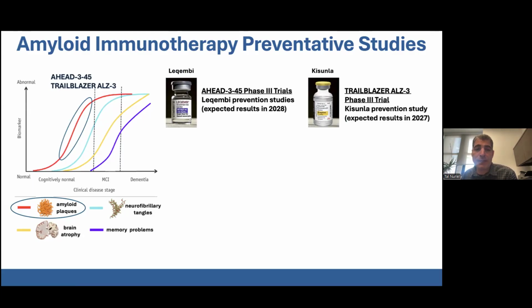The AHEAD 3, AHEAD 4, 5 for Leqembi, the Trailblazer ALZ 3 for Kisunla. It's been ongoing for I think over 6 years. We'll get our first results in 2027 and 2028.